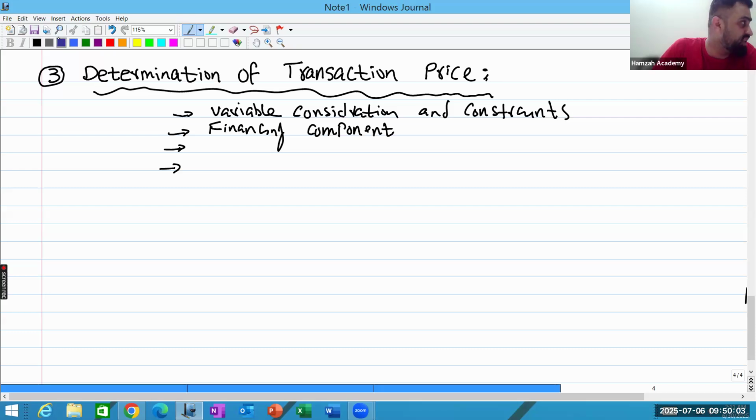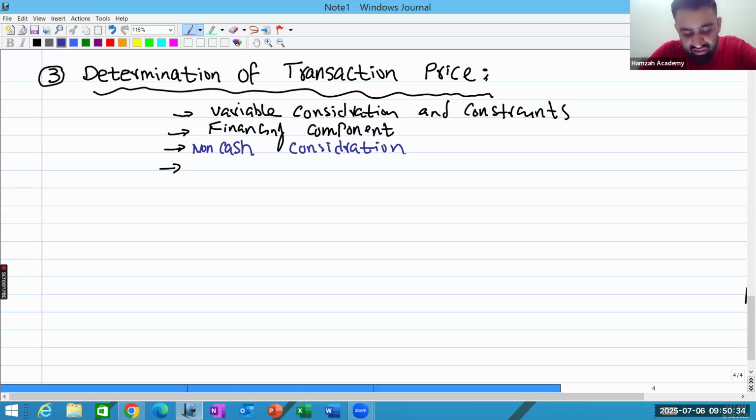The third thing which we have to consider in determination of transaction price is known as non-cash consideration.